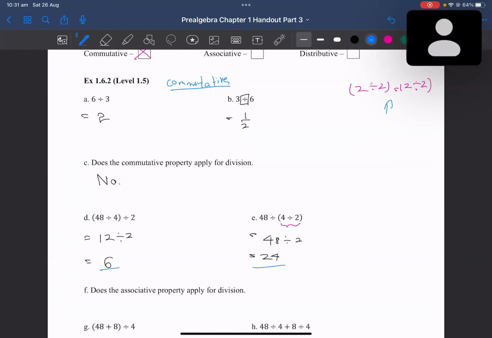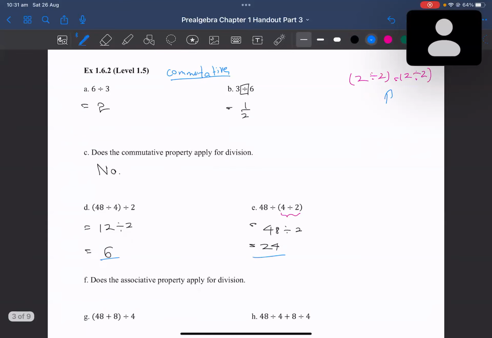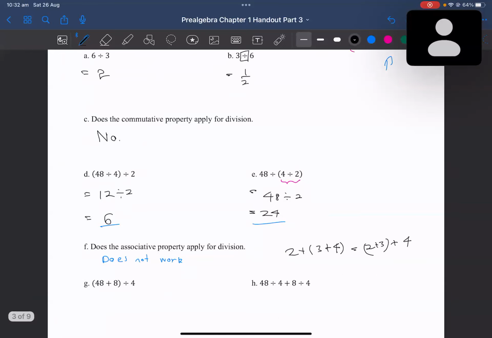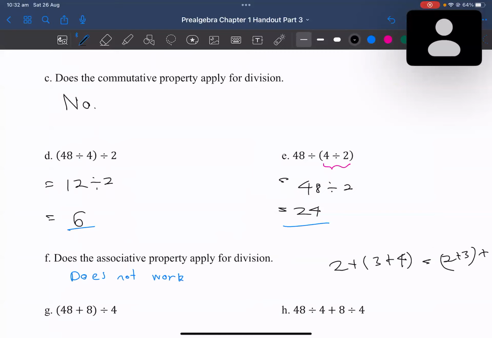So the associative property does not work. Does it make sense why? If it worked, it wouldn't matter which order you do it in. Like with addition, you can do 2 plus 3 plus 4, which is the same either way. But with division, it's not the same. It does matter which one you do first. If you divide by 4 first, you get 6.